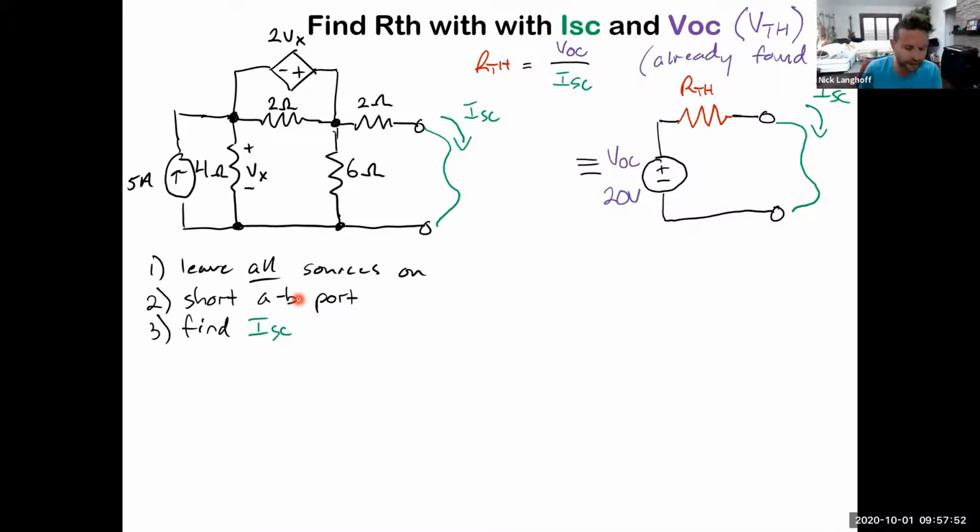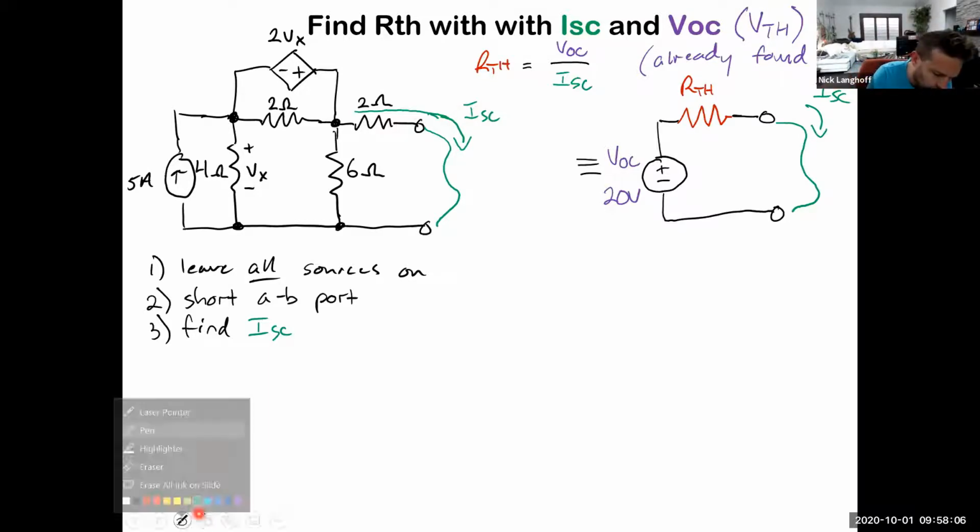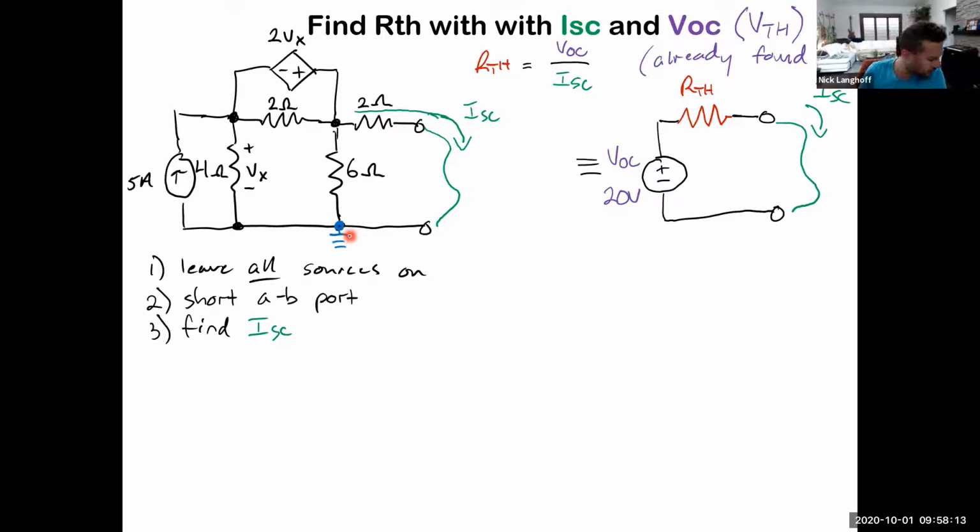Let's address the fact that ISC is the current that's flowing through the short wire, but it's also flowing all the way through that 2 ohm resistor on the right as well. Let's also acknowledge that we're going to place a ground right here. If we found this node voltage and divided that by 2 ohms, we would then have ISC.